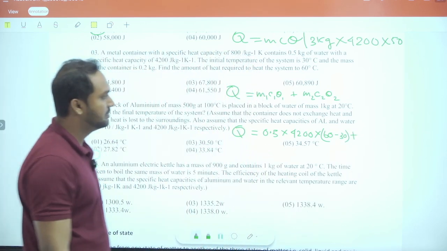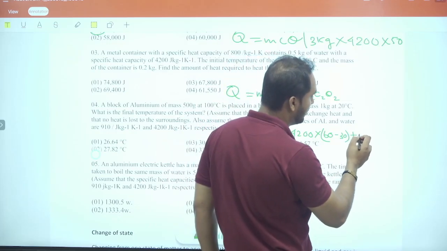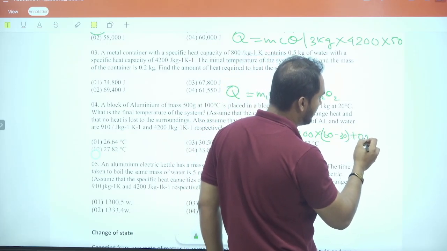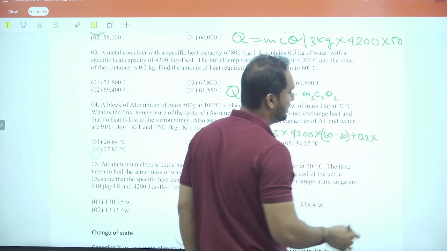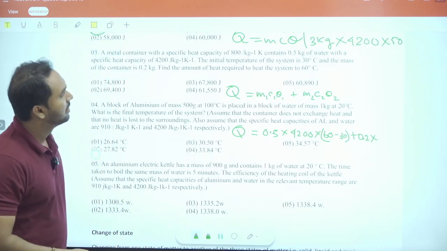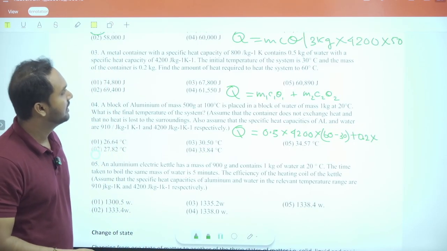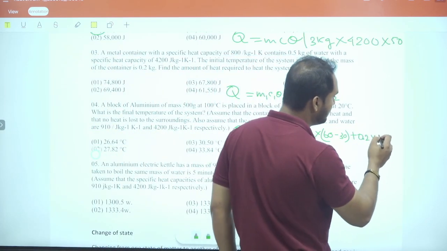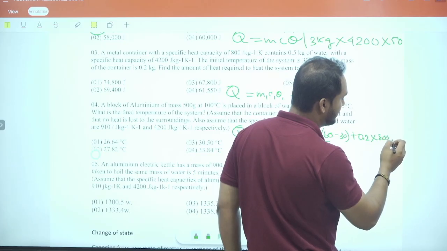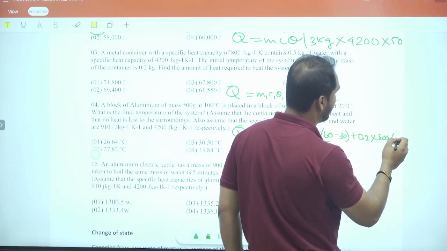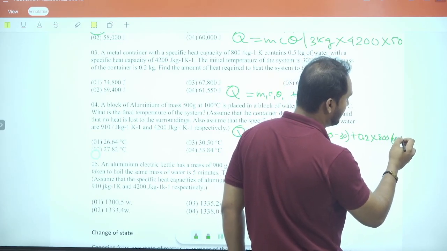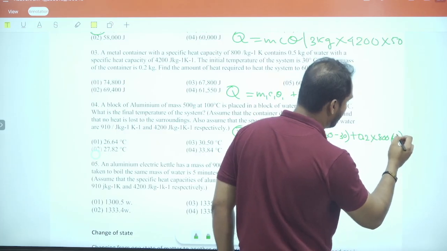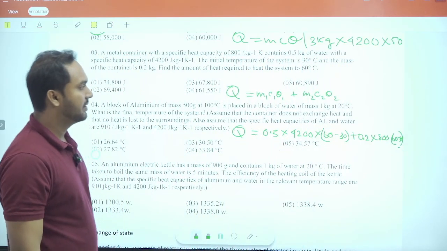Now the container is 0.2 kilograms and the specific heat capacity is how much? 800 and the temperature difference is the same, right? 60 minus 30, right? 60 minus 30. So simplify the two values.